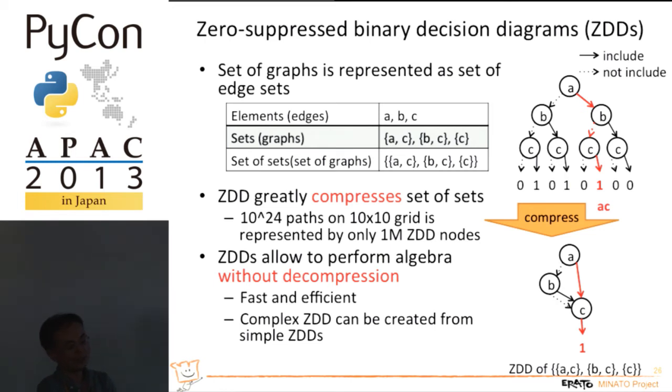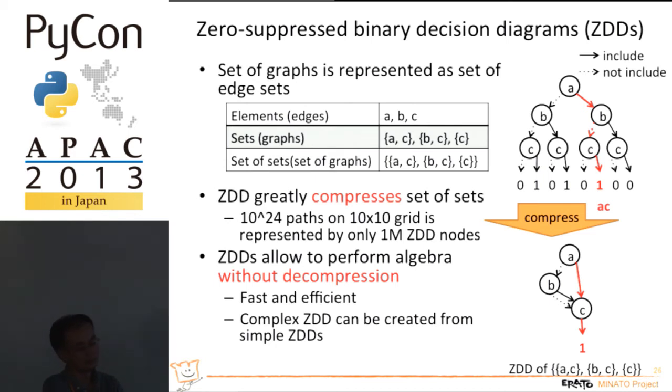Now, in this way, we can employ ZDD as a compression means for graphs. ZDD's compression mechanism is very simple. The top right figure is a non-compressed binary decision diagram. Each node is an element, and each path from the root represents a set.